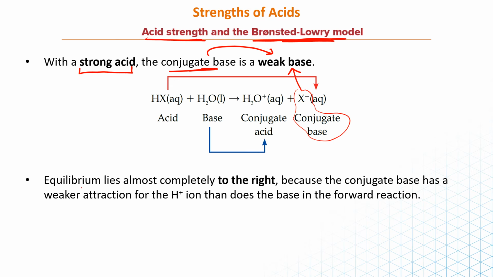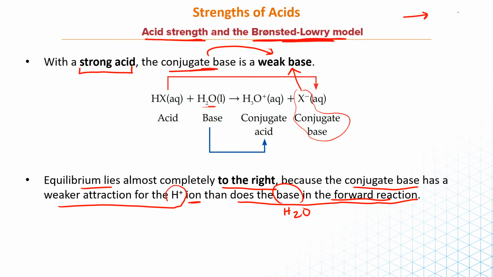So equilibrium lies almost completely to the right, meaning the reaction has an arrow only to the right. Why? Because the conjugate base has a weaker attraction for H plus ion than does the base in the forward reaction. Which base is in the forward reaction? It is water, the H2O, this one. And to remember, this is the forward reaction and this is the reverse reaction.